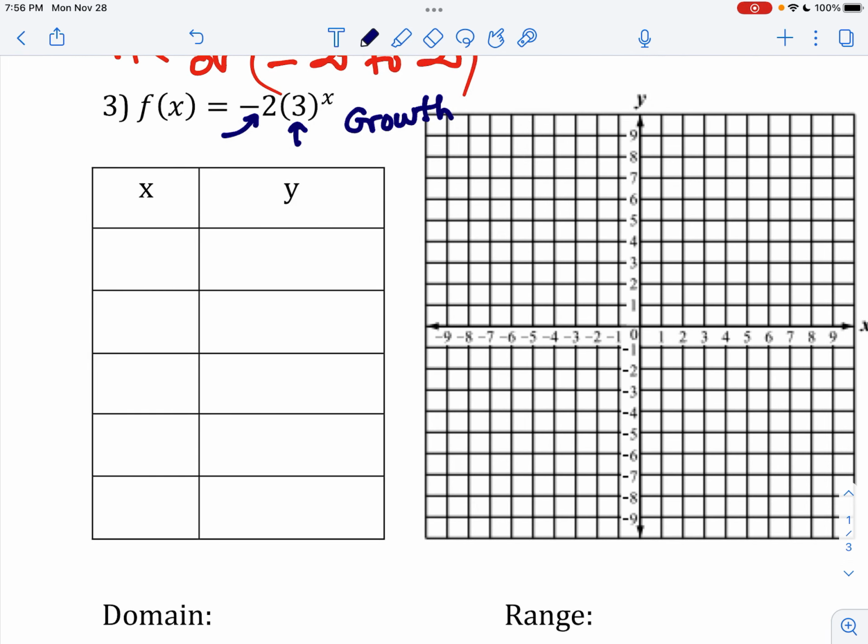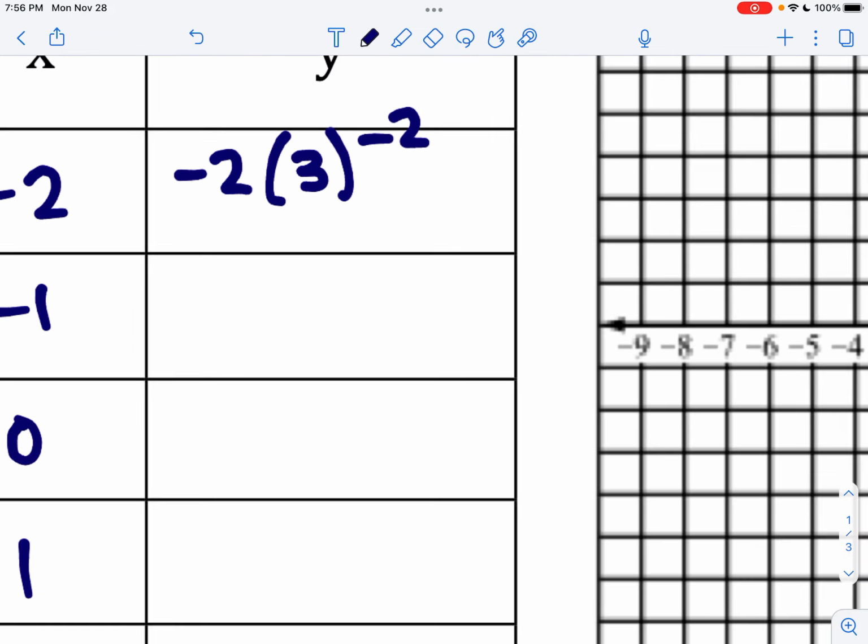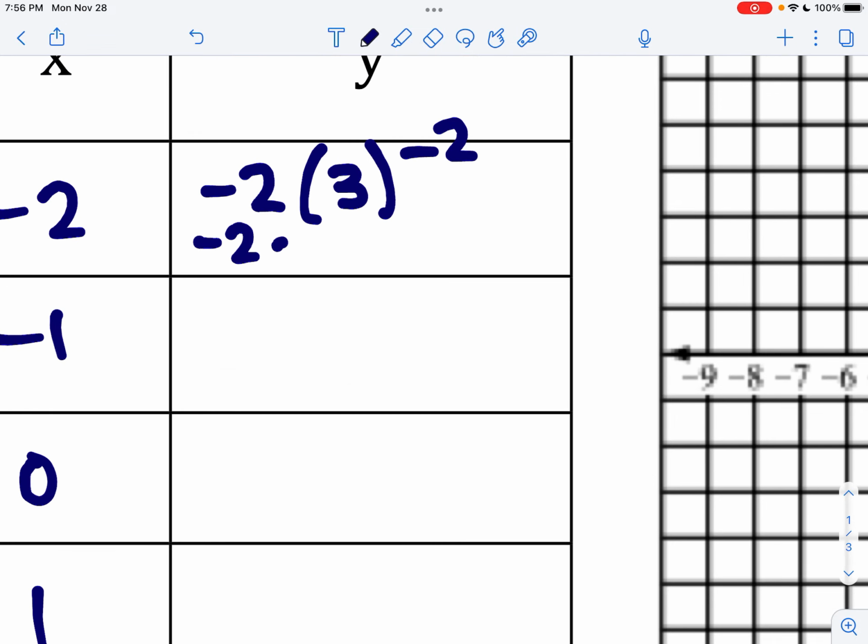So now let's see what this is going to look like. -2, -1, 0, 1, and 2. If I have -2, 3 to the -2 power, I'm going to flip that and I'm going to get -2 times 1/9, which is 1/3 squared. That's 1/9.